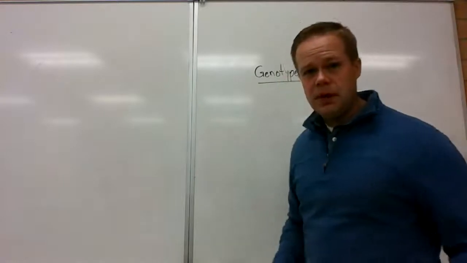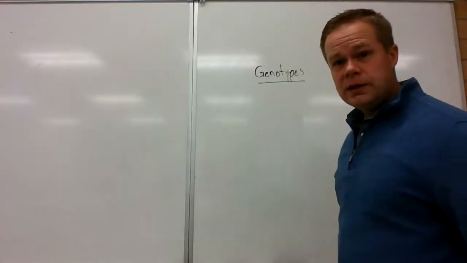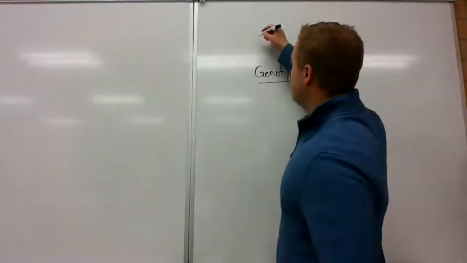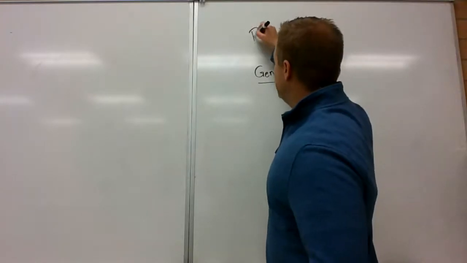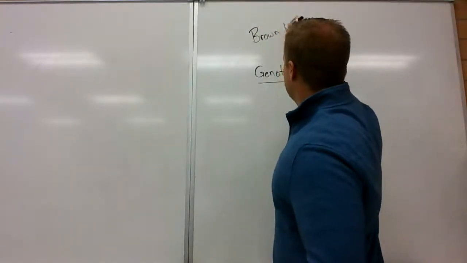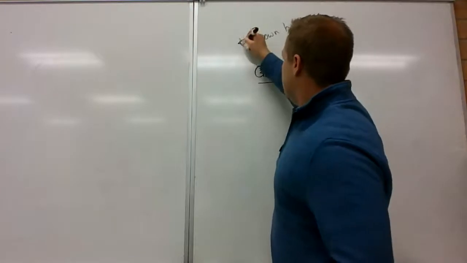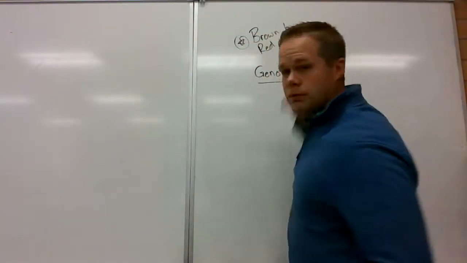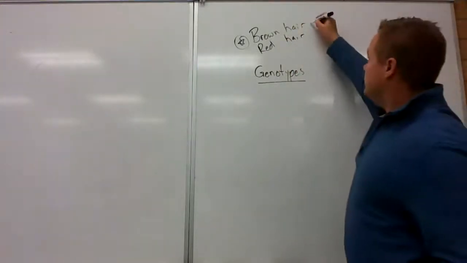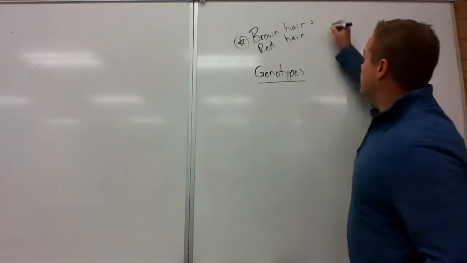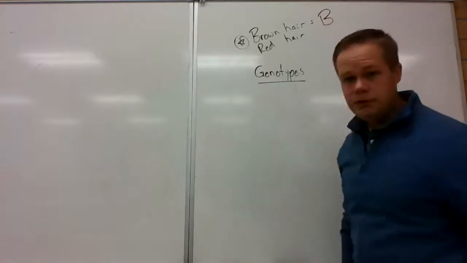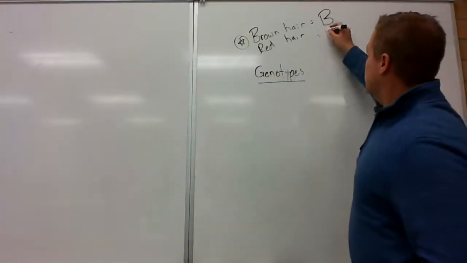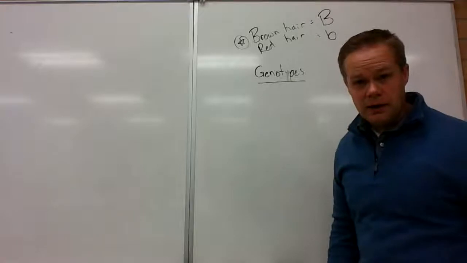Genotypes are the possible combinations of alleles you can get for a gene. So, for example, if brown hair is dominant over red hair, which would be recessive, then the letter we use for our gene would be the letter B, capital B for brown hair, and a lowercase b for red hair.